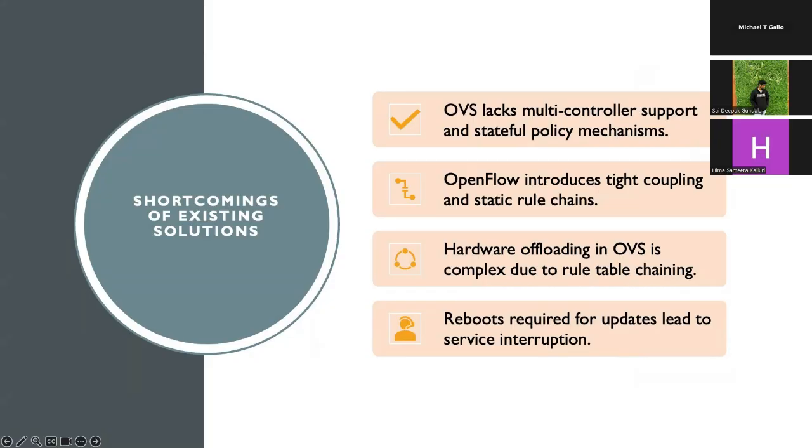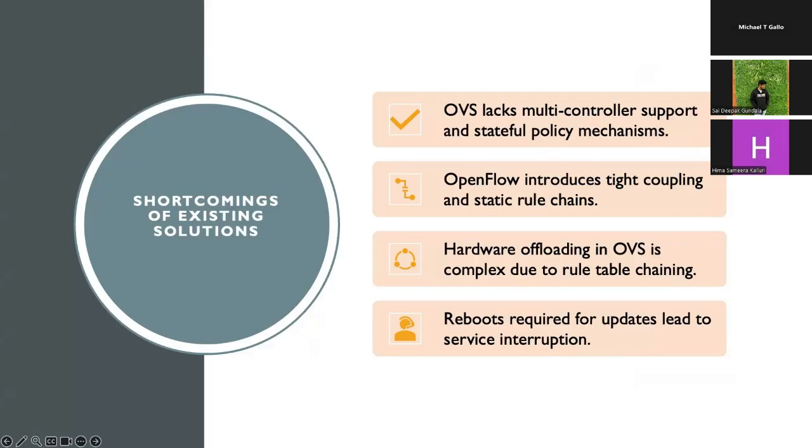OpenFlow, another example, also introduces tight coupling between components. It forces static rule chains that can't really adapt to changes in network conditions. When a new flow arrives, the OpenFlow switch must consult the controller before handling the packet, and this introduces latency, which is not good at cloud scale.